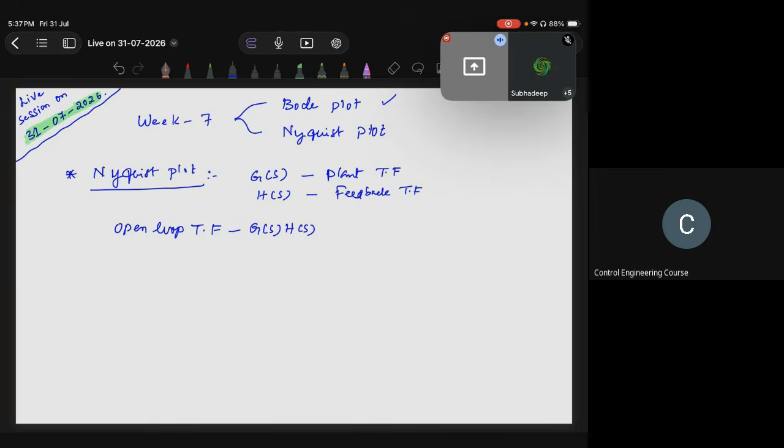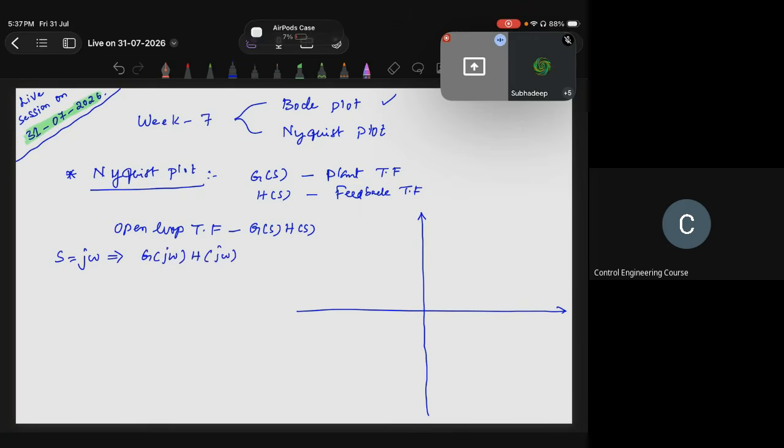Let me plot here. The Nyquist plot. What we do is, we have this G of S, H of S. Then we substitute S is equal to J omega. Then we get G of J omega, H of J omega.